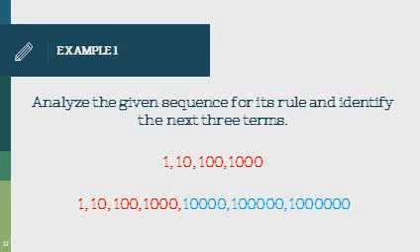So, the next three terms will be 1,000 times 10 will be 10,000. Then, another times 10. Then, another times 10. O kung papansinin natin is, nagdadagdag ng isang 0. So, from 1 to 10, 100, 1,000, then 10,000, 100,000, and then million.